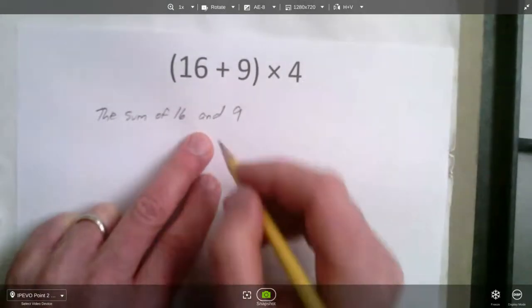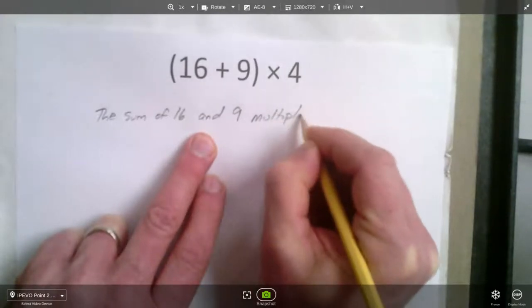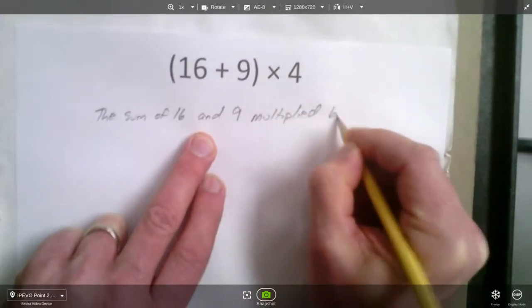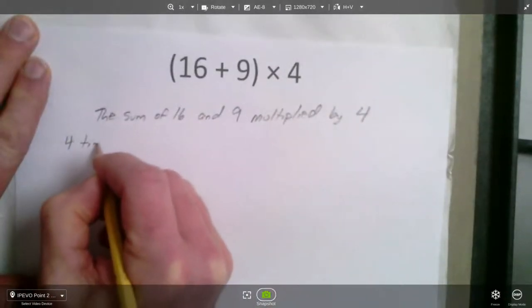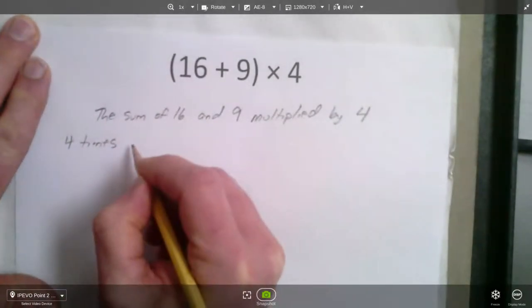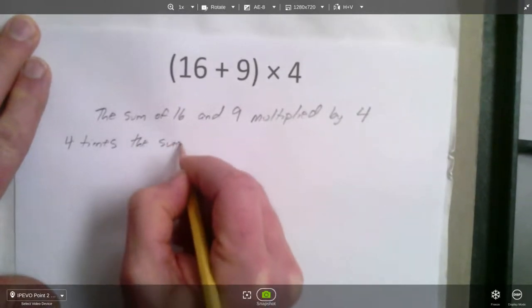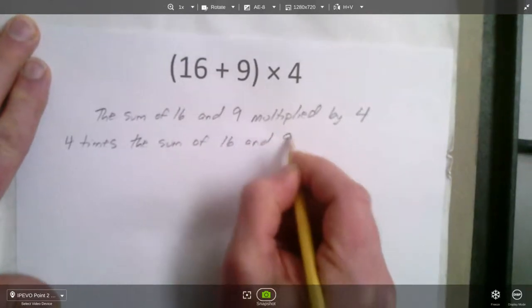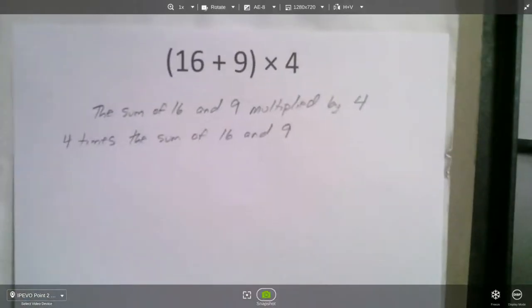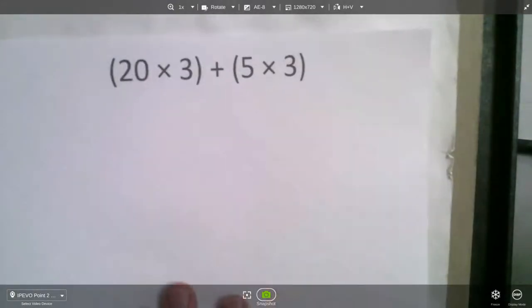So I could say the sum of 16 and 9 multiplied by 4, or I could say 4 times the sum of 16 and 9. Either one works. All right, a couple more. Let's move on.